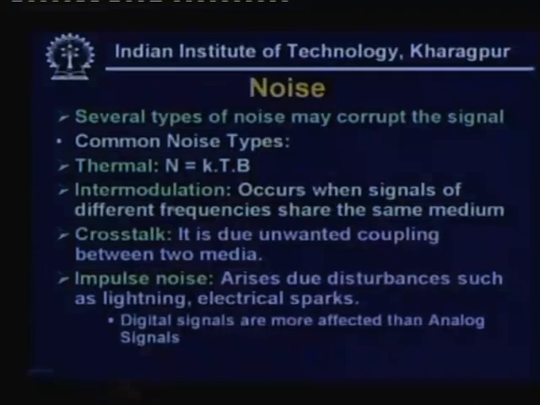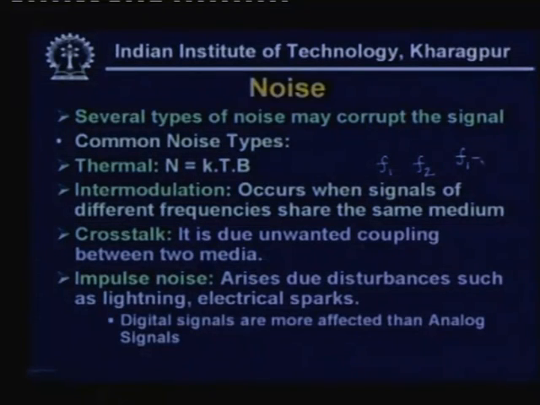Then the second type of noise is known as intermodulation. Intermodulation occurs when signals of different frequencies share the same medium. Suppose a medium is sharing a frequency f1, it is also sharing a frequency f2. Now, because these two signals are present, due to nonlinearities in the transmission system, it may generate a signal like f1 plus f2.